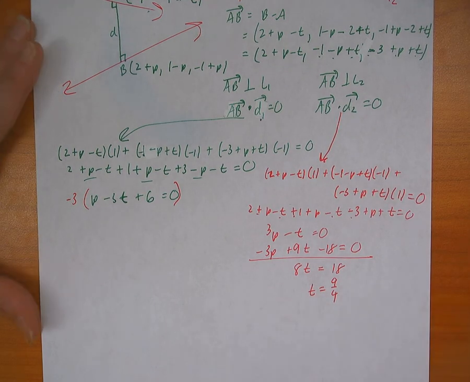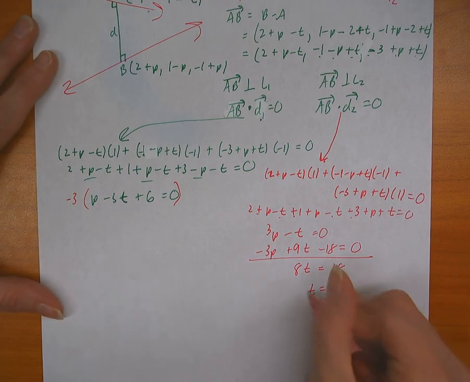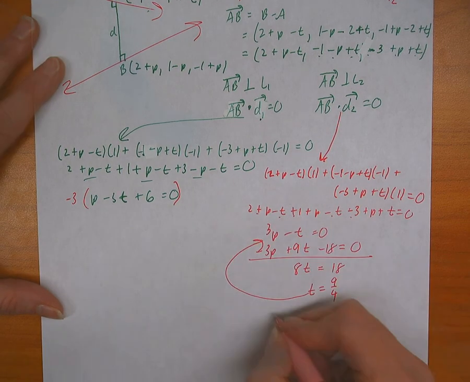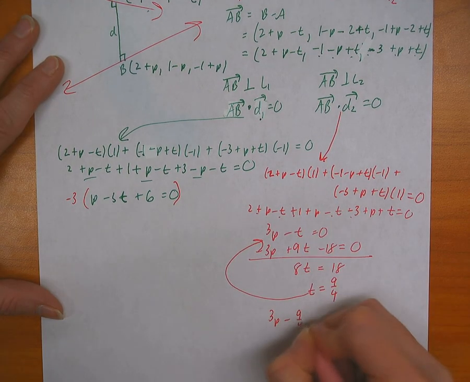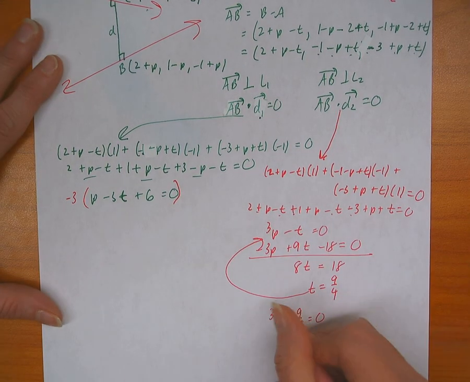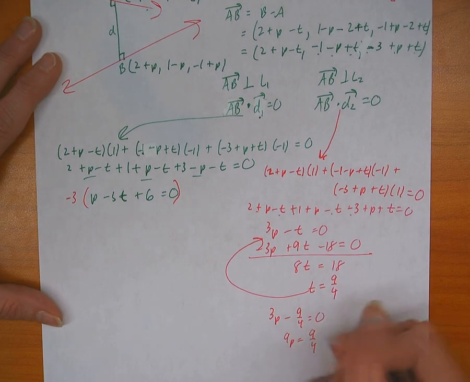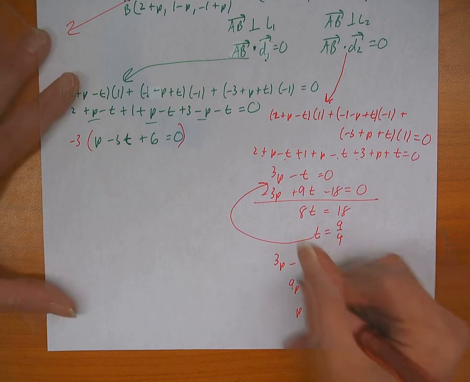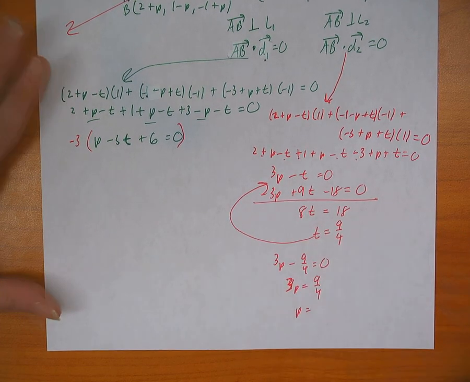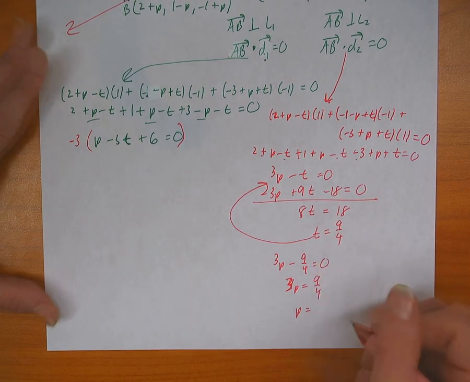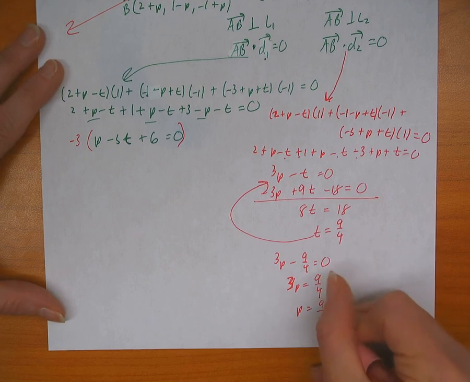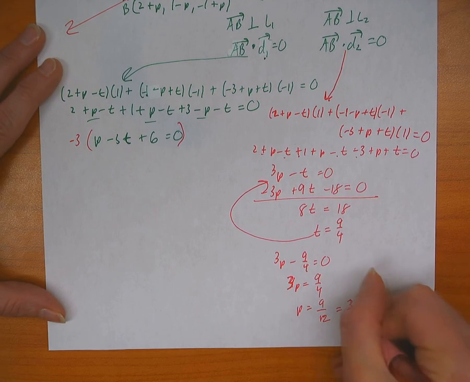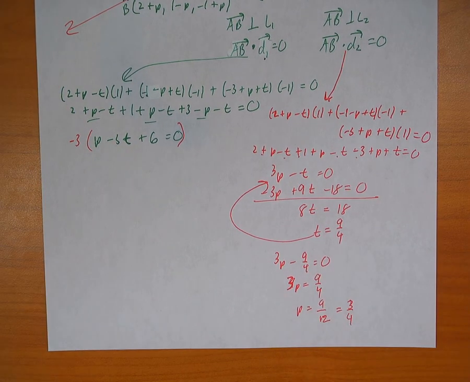I'm used to making it t and s, but my s's look so weird. So I'm going to substitute this in. So 3p equals 9/4. So p is 9/12, so 3/4. So I have a p of 3/4 and a t of 9/4.